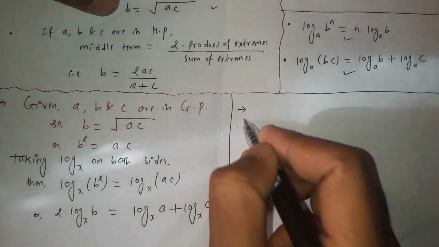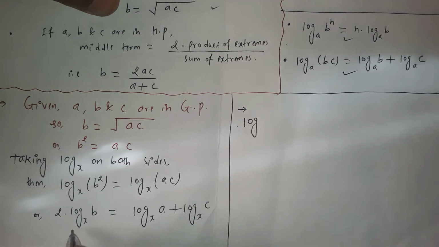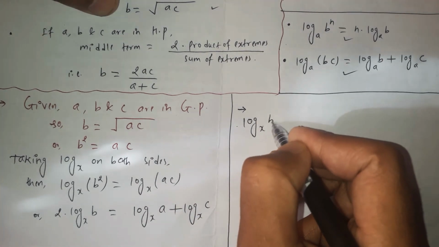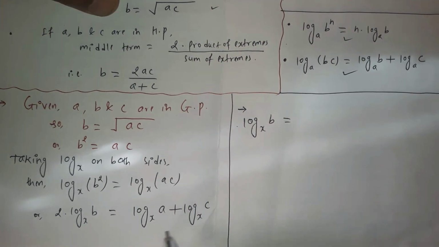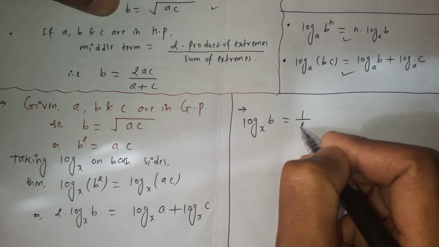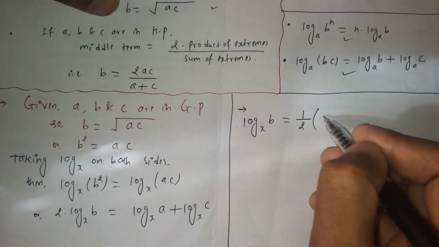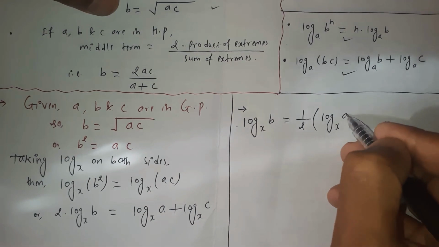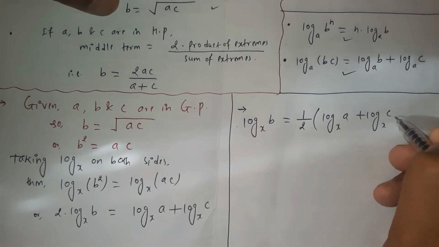Let's find out the value of log with base x of the number b. It is equal to, with the 2 transposed to the right hand side, where it becomes the reciprocal 1 over 2, 1 over 2 times log of number a with base x plus log of c with base x.